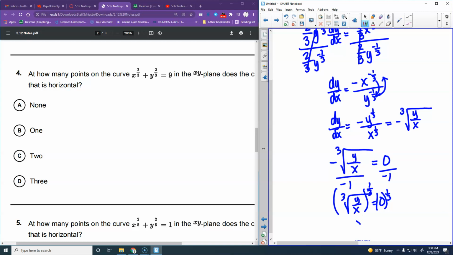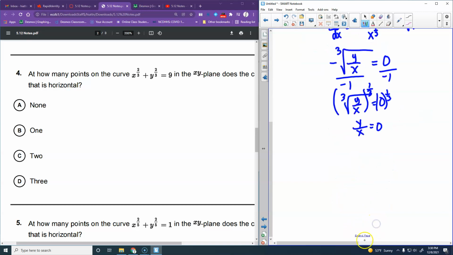You can see so far we're just dealing with 0. And then in order for this to be 0, y has to equal 0. I need to know how many times y does equal 0. So we need to know how many times y equals 0, because that could be at one point or it could be at several points.